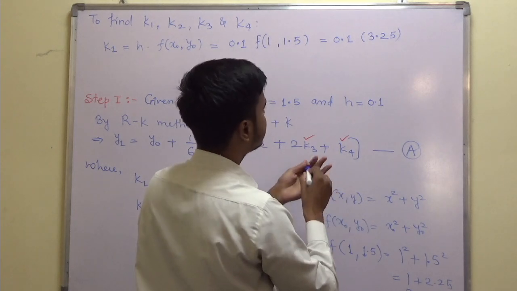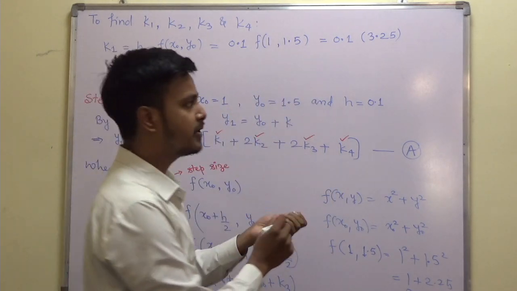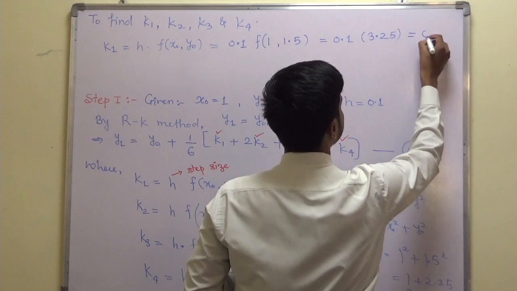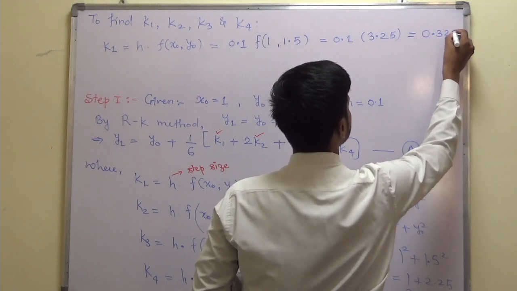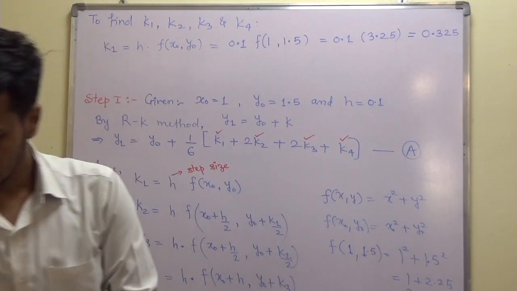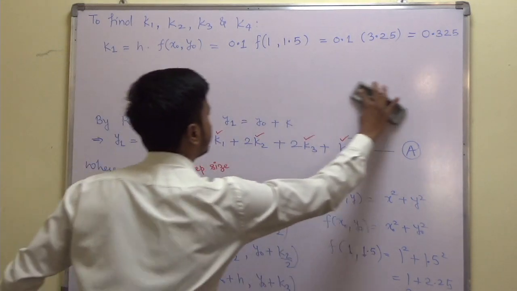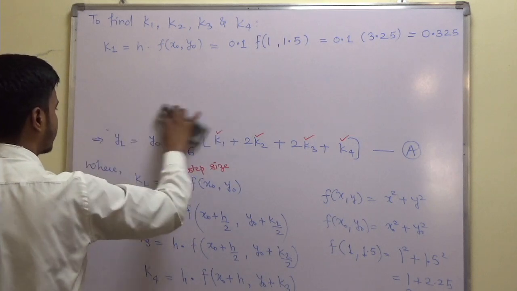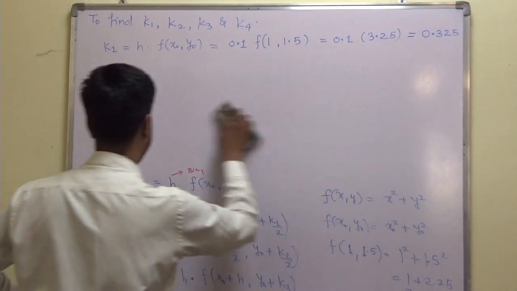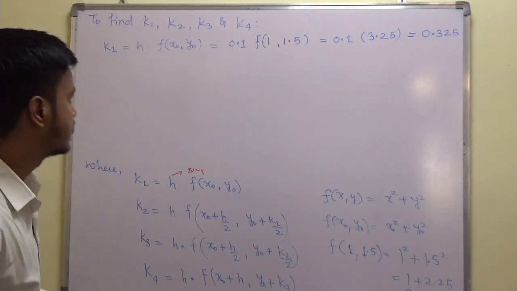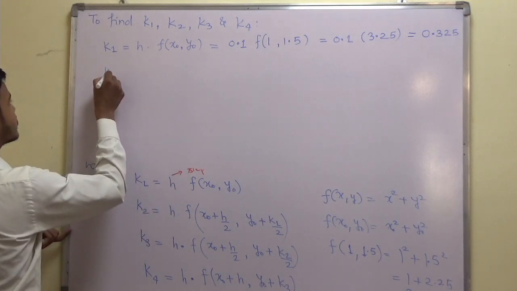You multiply it by 0.1, so what will you be getting? 0.325. So k1 comes out to be 0.325. Now let us find out k2.